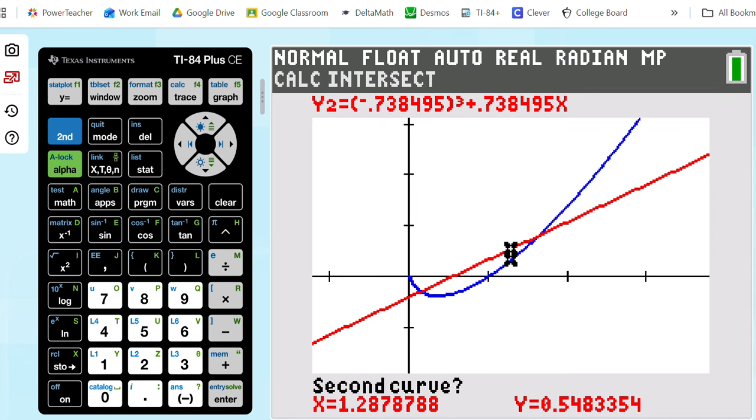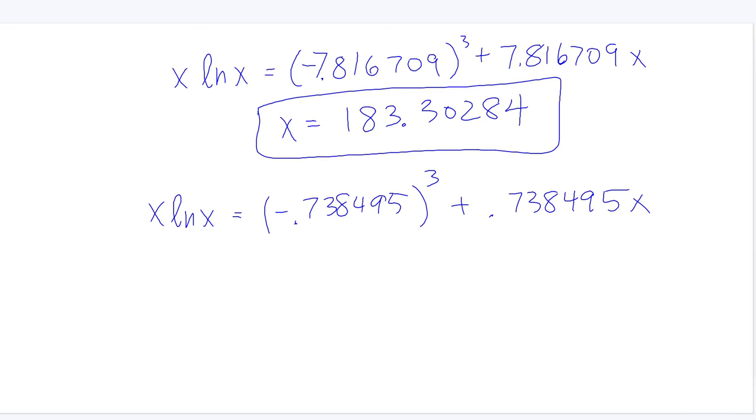And we'll just say enter on the first one. We'll go over here. We'll find the second one. We'll hit enter. And we'll end up getting x is equal to 1.6361237.